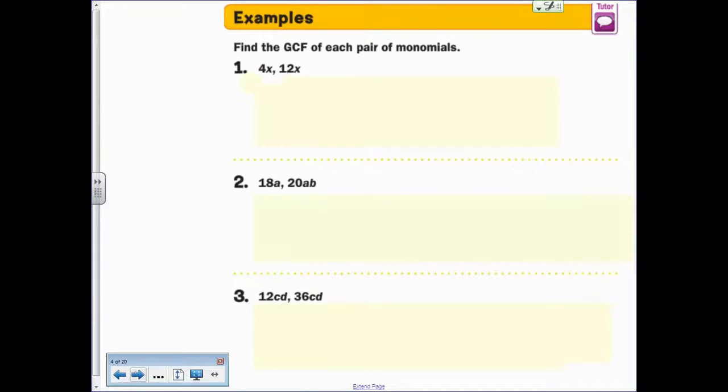You have 4x and 12x. What we want to do is we want to put 4x and 12x like this. And then we want to ask ourselves, what numbers go equally into 4 and 12? Well, 1 goes into 4, 2 goes into 4, and 4 goes into 4. Those are all the factors of 4.